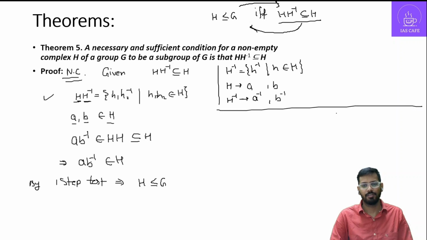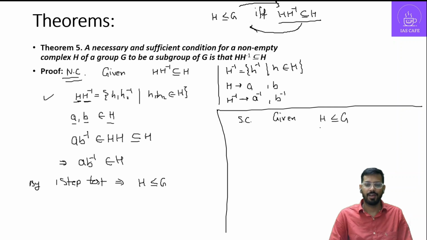Now we will take the sufficient condition. Given that H is a subgroup of G, if A and B belong to H, then if we take A B inverse, it belongs to H inverse.